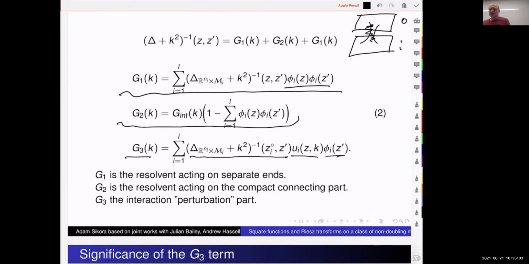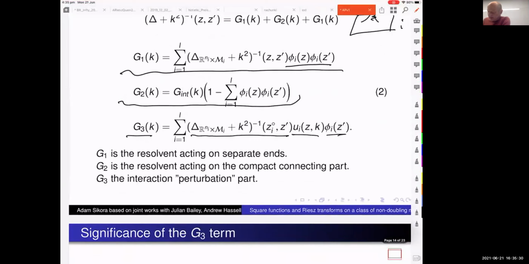So we know very well how to calculate this object. The proof is essentially: G2 is trivial, G1 is just standard, and G3 is what you have to calculate. And you've got pretty much all the estimates needed to be able to calculate this.